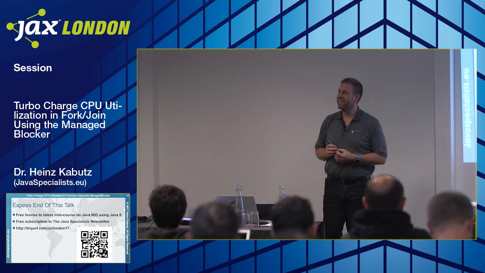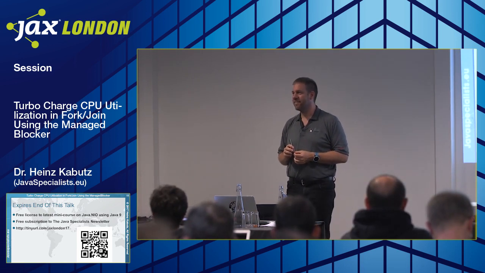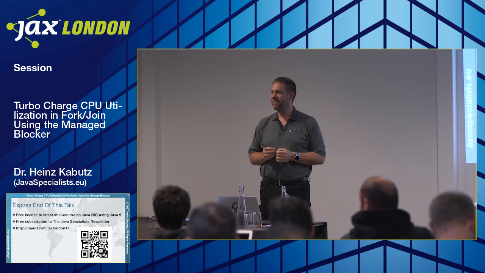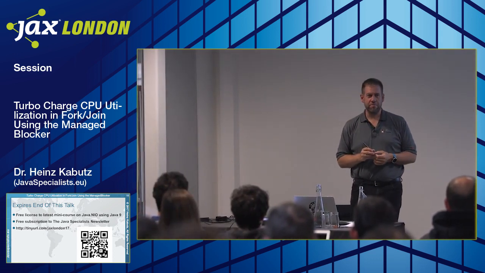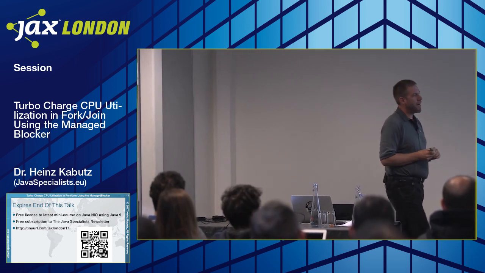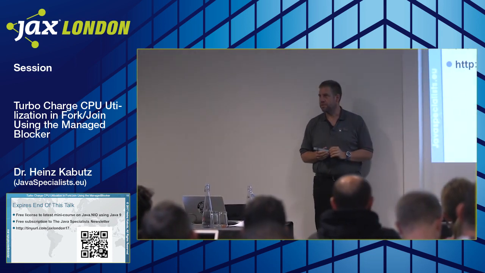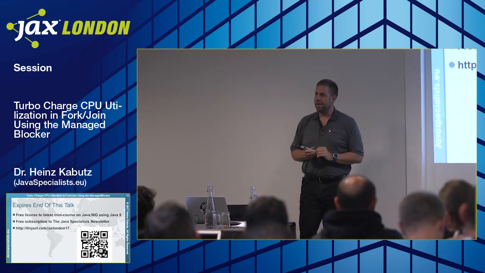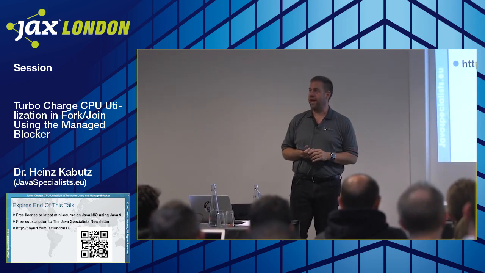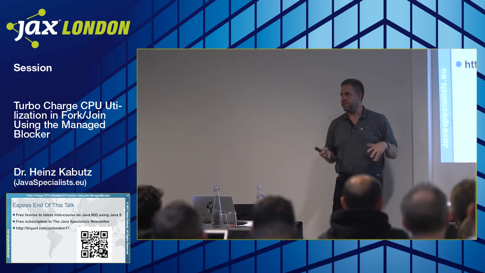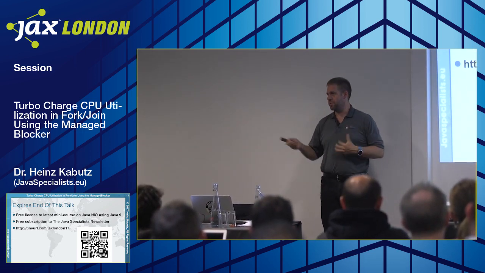Yes, sir. Are any of the other non-Java JVM languages better for this stuff? I don't know. Are other languages better for this? I didn't find this to be too difficult, to be honest, to do the ForkJoin, to hack it in. It used to be more difficult before Java 8 came along. Because before Java 8, you didn't have this common ForkJoin pool that you could just use.